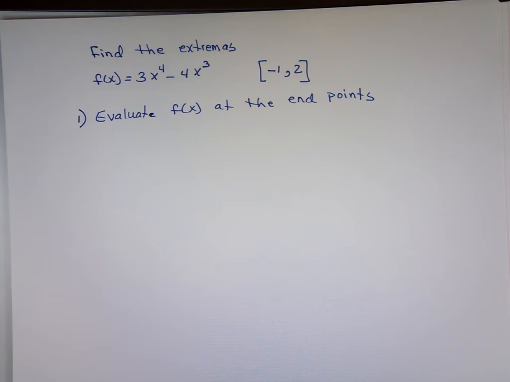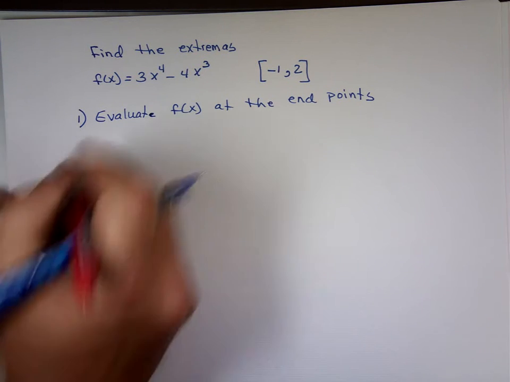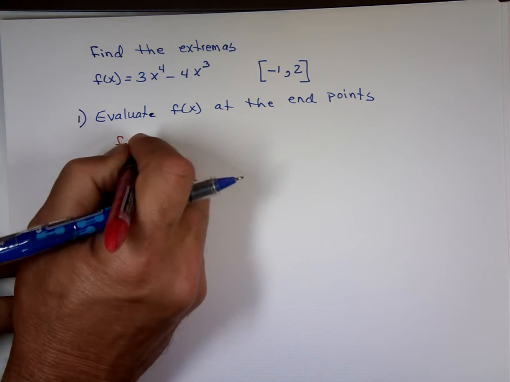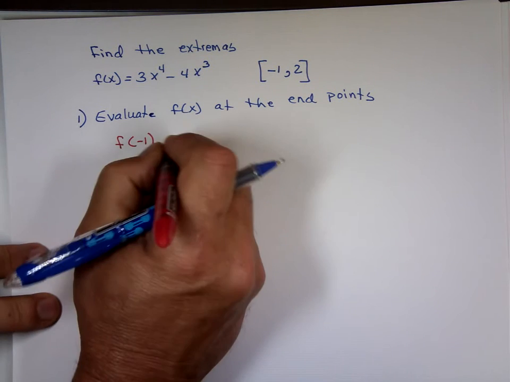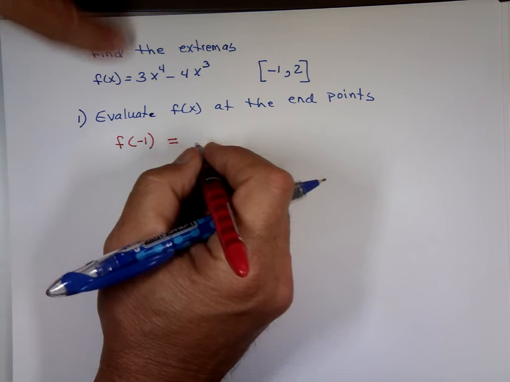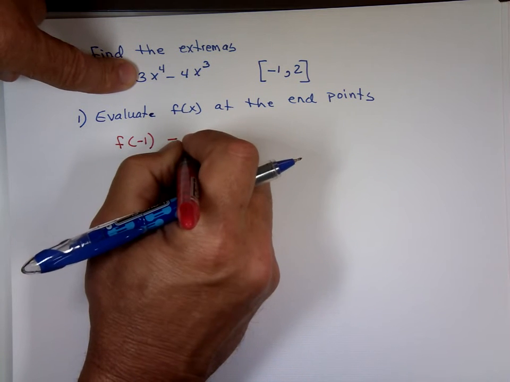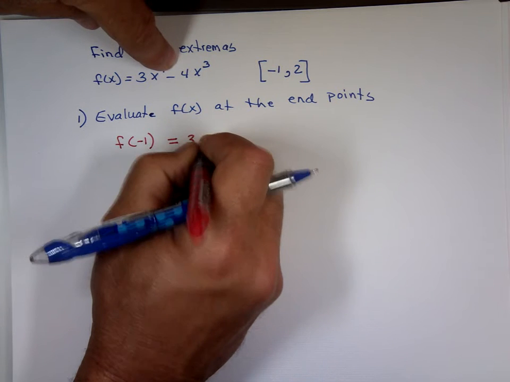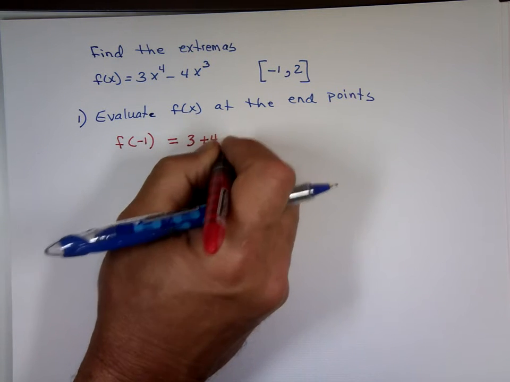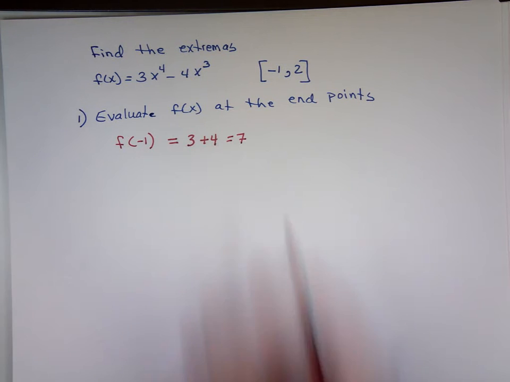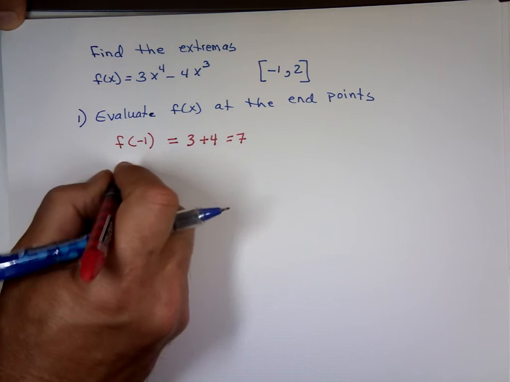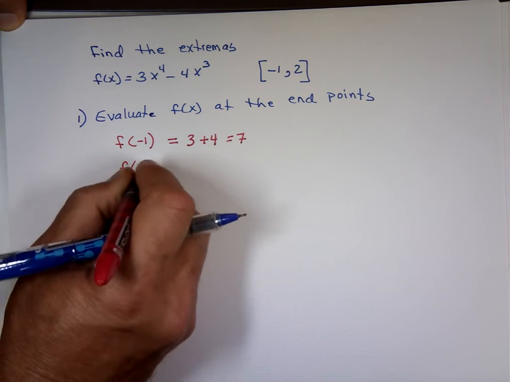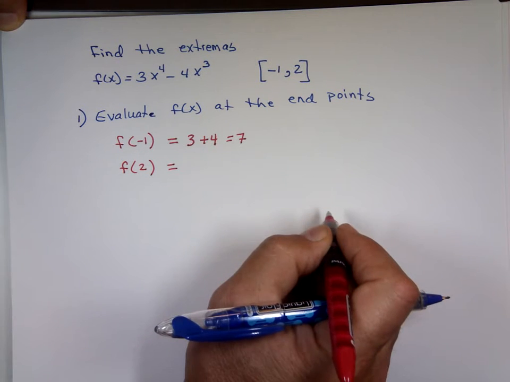Meaning, find the value of f of -1. When x is -1, what do we have? That's a 3, and that becomes a -1 times a -4 plus 4. Isn't that a 7? And what is f of 2? You just plug the 2 into x.